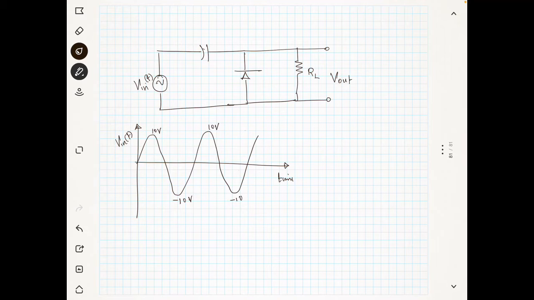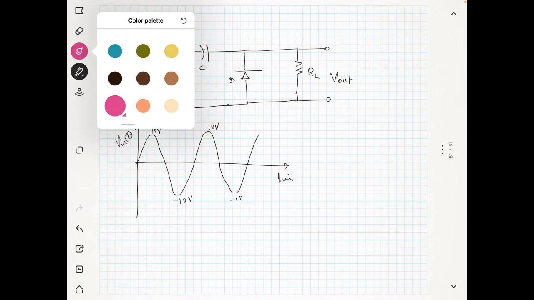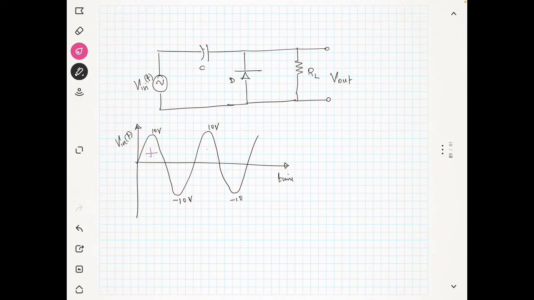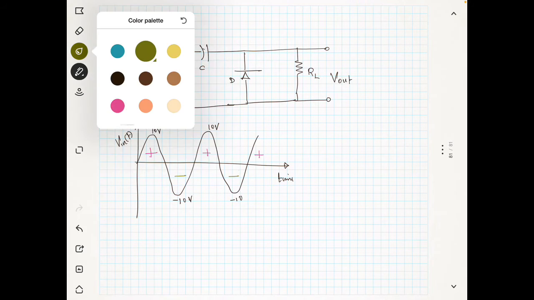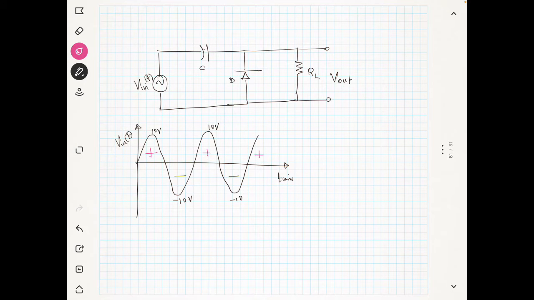Now we have a capacitor and a diode. You know that this is the positive half cycle, and the other one is the negative half cycle. Now we will see what will happen during the positive half cycle. During the positive half cycle, this is positive and this is negative. That means your diode has a p type semiconductor here and an n type semiconductor here.